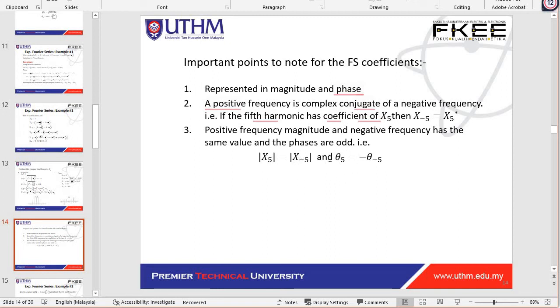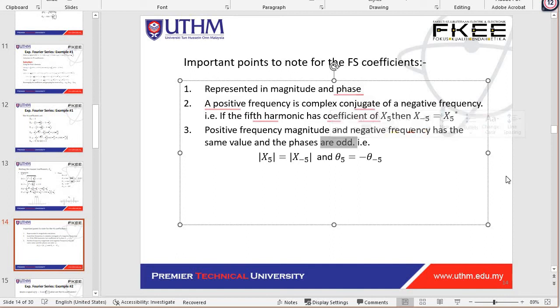The phase of x5 is equal to negative phase of x negative 5. So the phase is odd, it's totally upside down.